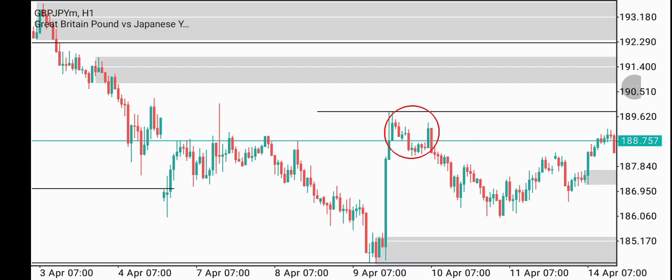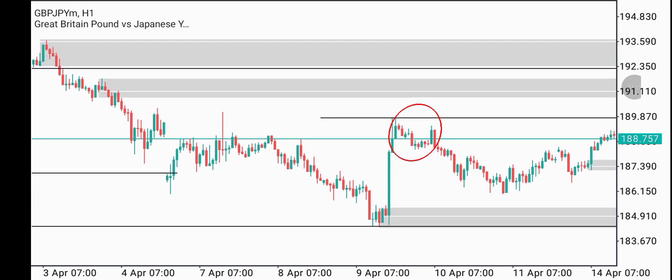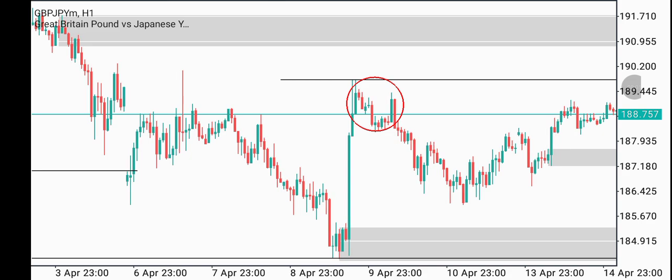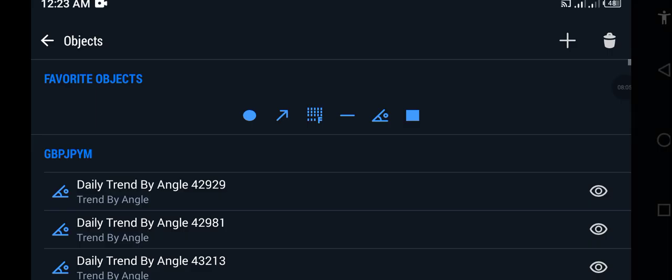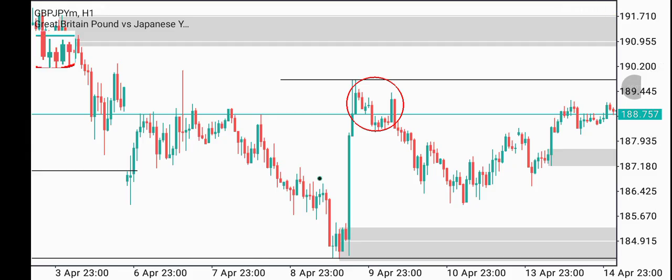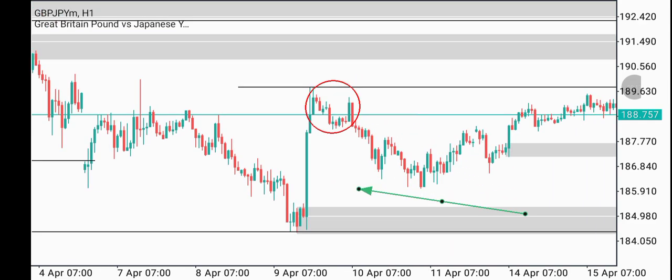So if indeed the market wants to continue the bearish move to the downside, what we anticipate is we expect this double top to come and break the structure to the downside, come and create a break of structure.